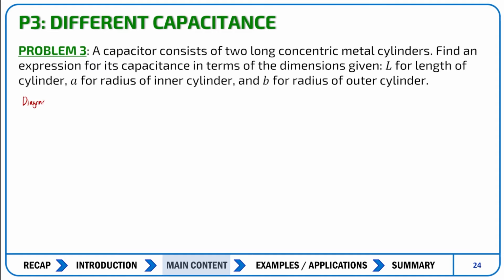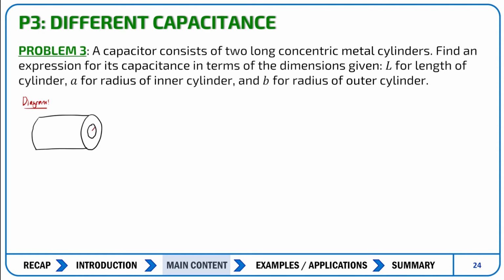So to keep things simple, we're going to draw a diagram first. I'm just going to draw a really short cylinder, and there is a purpose for that. So I have my cylinder here, but I also have an inner cylinder, or inner surface to the cylinder.